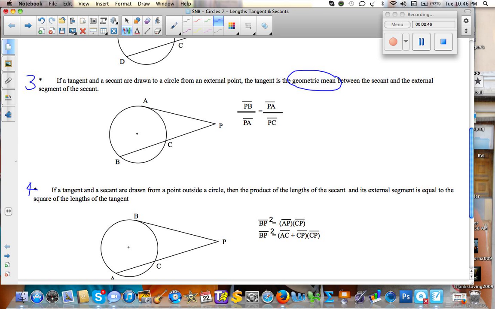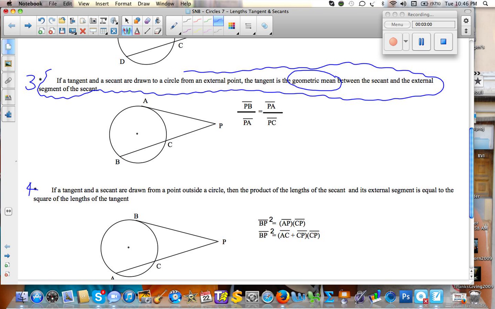And we are talking again about the entire length of the secant and the external portion. So here we have star, star, squiggle, squiggle again. So if you were to take the first step in solving this proportion, if you multiplied this cross product property, you would get PA, which is the tangent squared.